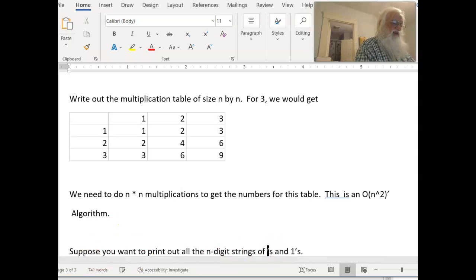We'd like to see how many things it can say in n digits. Now, there are 2 digits, 0 and 1. So, for n equals 1, we have 2 strings, 0 and 1.